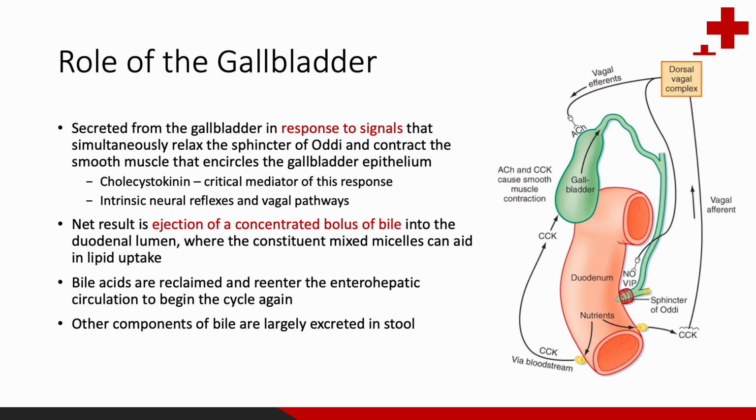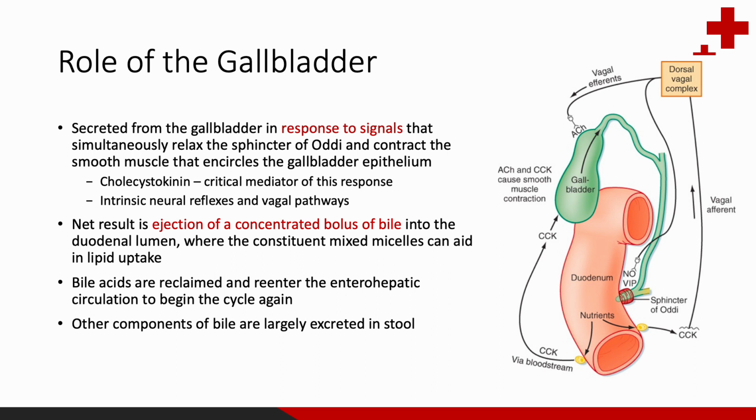Bile is secreted from the gallbladder in response to signals that simultaneously relax the sphincter of Oddi and contract the smooth muscle that encircles the gallbladder epithelium. This secretion is mediated by cholecystokinin and the intrinsic neural reflexes and vagal pathways.